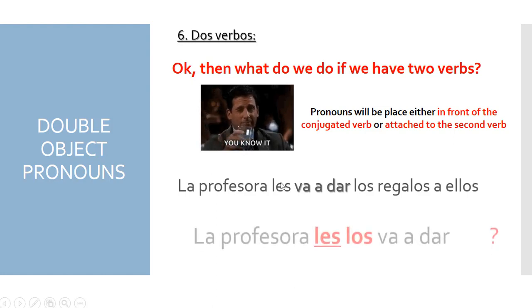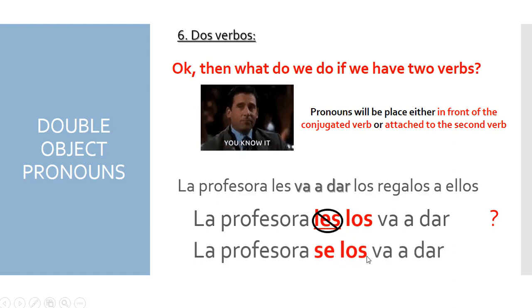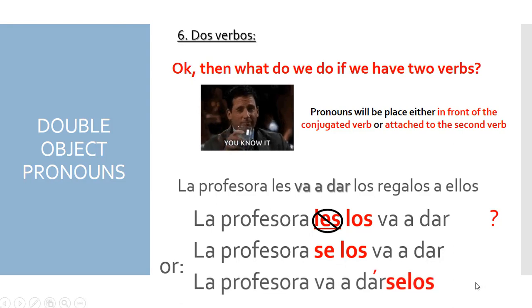Then la profesora, we have two verbs, va a dar. We can put them before, but can you do les los? No, careful. Se los. Good. Now, you can put them in front of the first verb, or you can put them attached to the second verb. Va a dárselos.